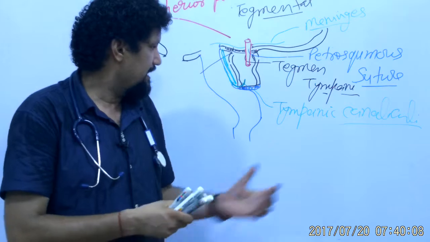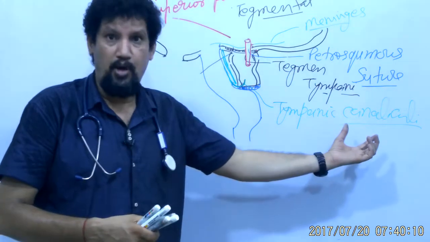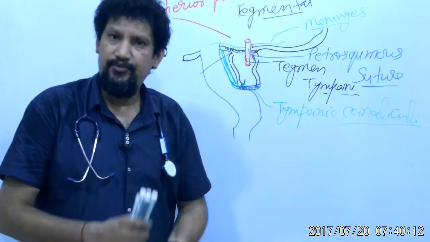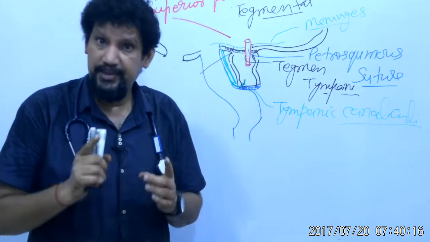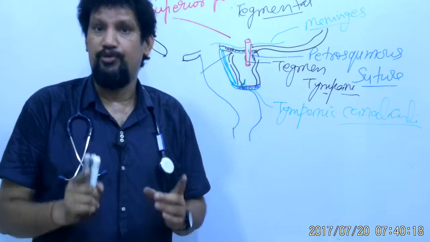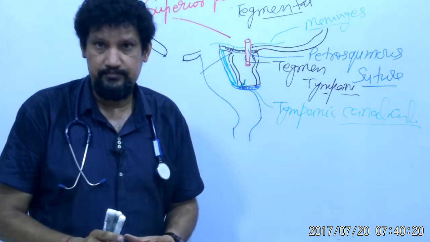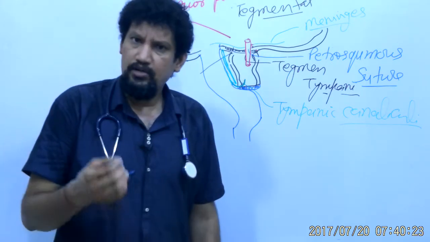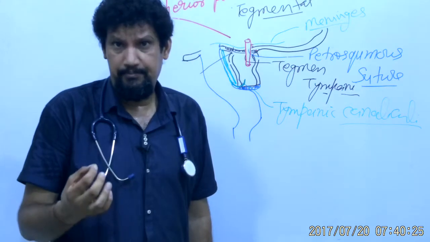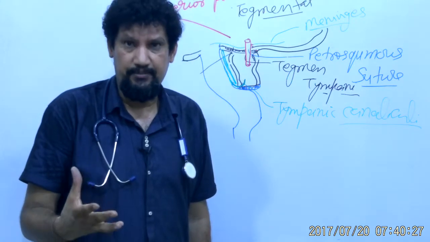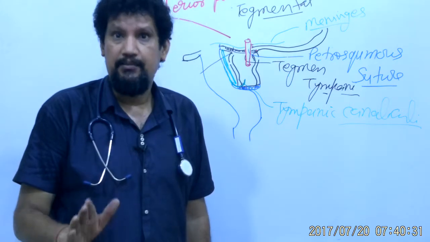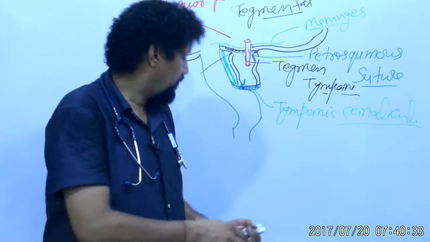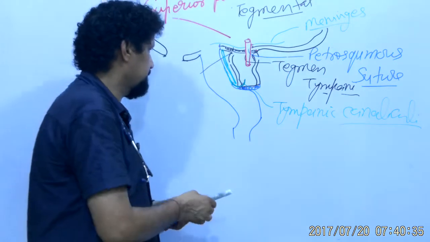So it will indent the promontory and it will form a nerve plexus. This nerve plexus will innervate the mucosa of the middle ear, but it is also having some preganglionic parasympathetic fibers which will originate through the lesser petrosal nerve from this tympanic plexus.